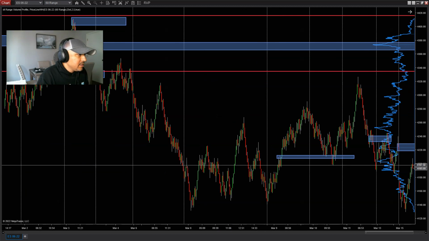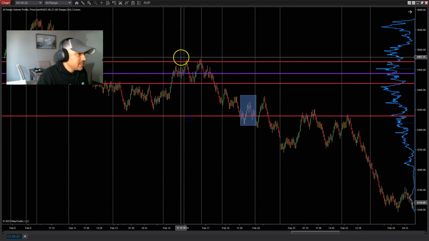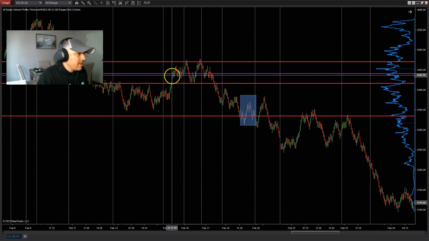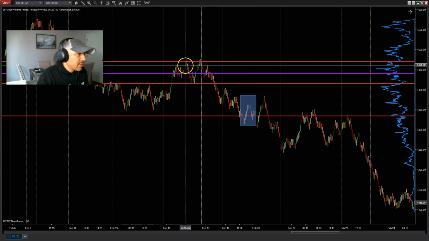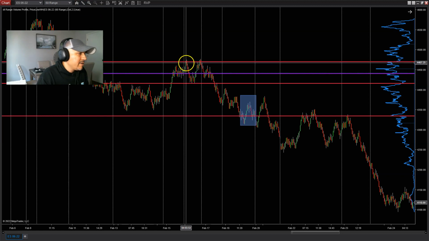Let's go back over here and take a look. Here we go, I think this is it right here. This is an area of supply off a higher time frame, off the 60 range. So what happens there?